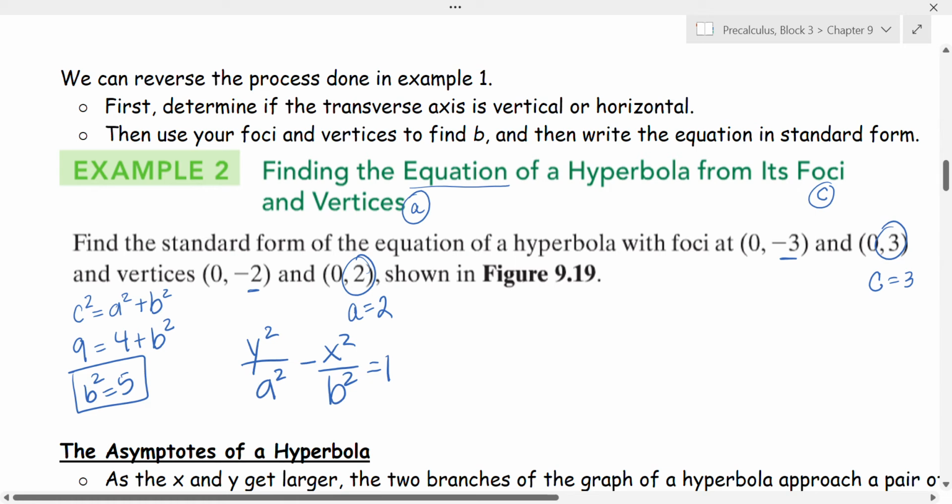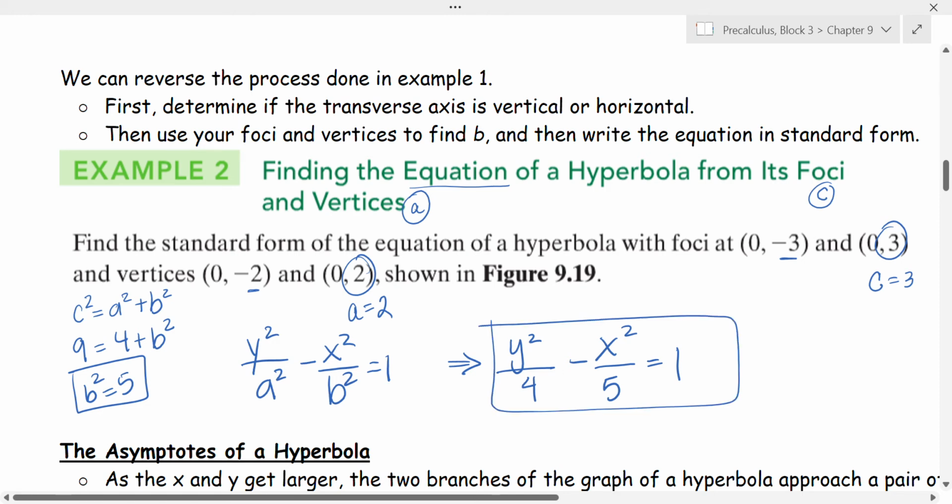And all we have to do after this is just substitute. So we end up with y squared over a squared, which is 4, since 2 squared is 4, and then minus x squared over b squared, which is 5, because we calculated that earlier, and then set it equal to 1.